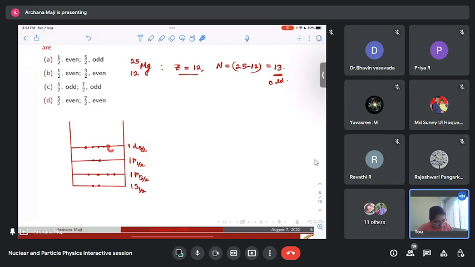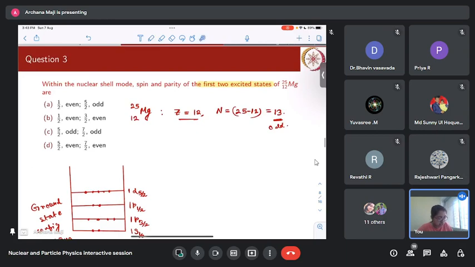So one particular neutron will be unpaired, and all others will be paired. So this is the ground state configuration of magnesium.